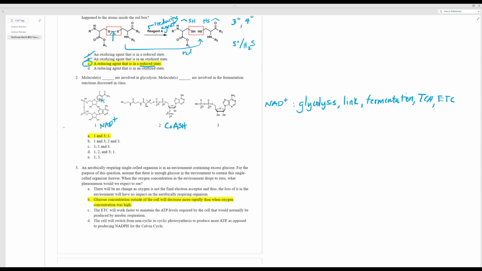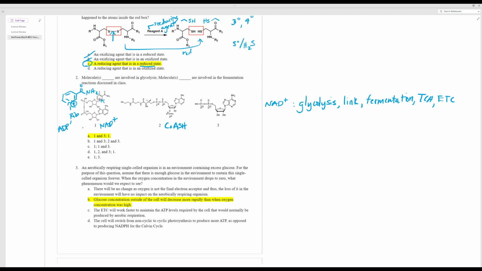You may also see this written as ADP ribose connected to that functional group, which, I can't think of the name of what that's called, but just stick with an aromatic ring.